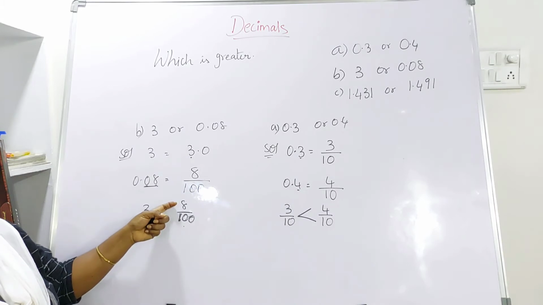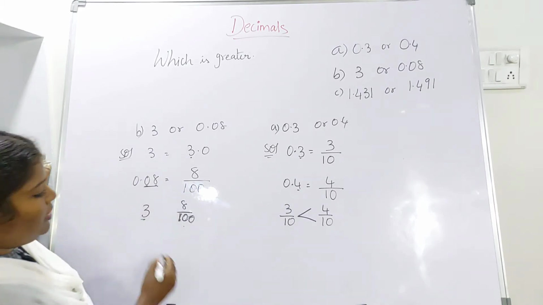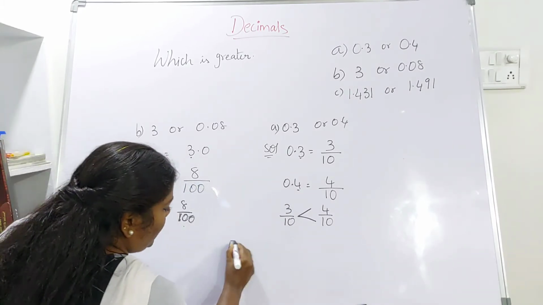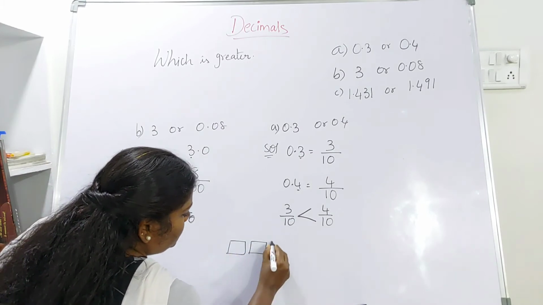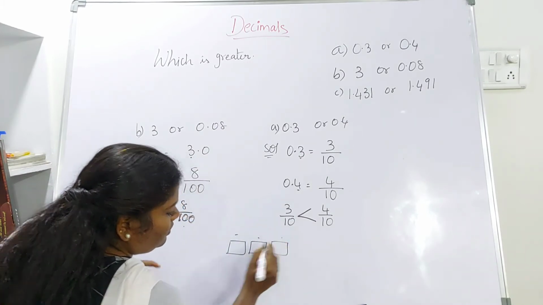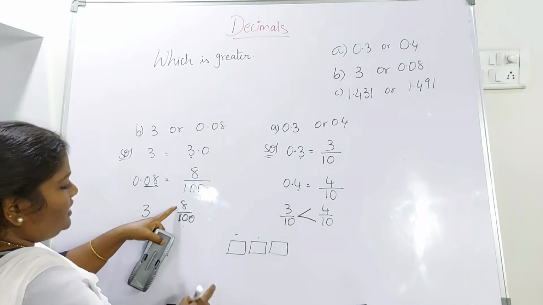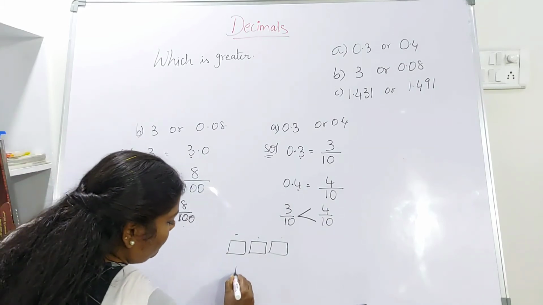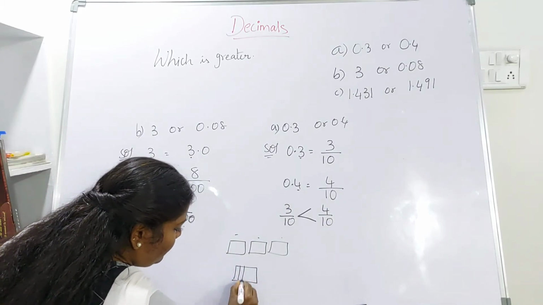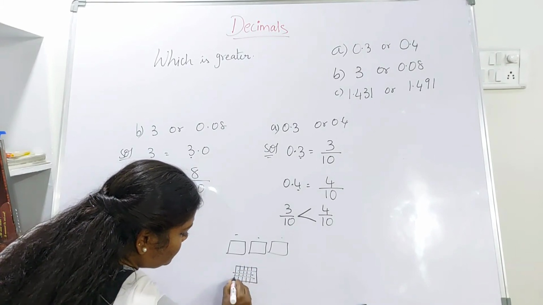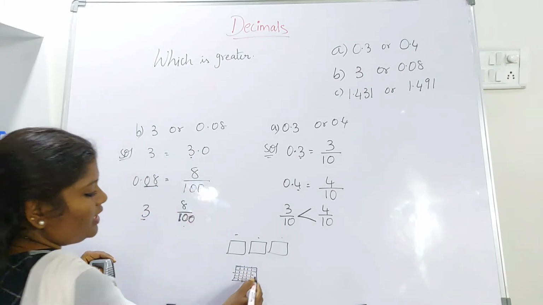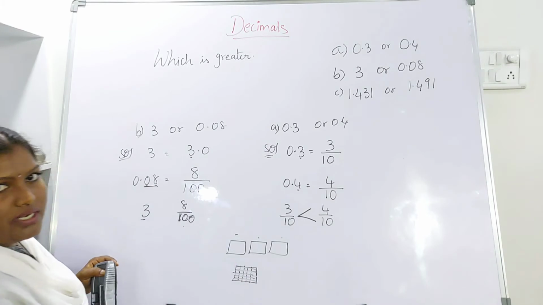In that 8 has been selected. For example, now here 3 in the sense 1, 2, 3 parts, whole 3 parts you have, and here one part is being divided into 100 parts. Yes, so you can analyze which number is greater.